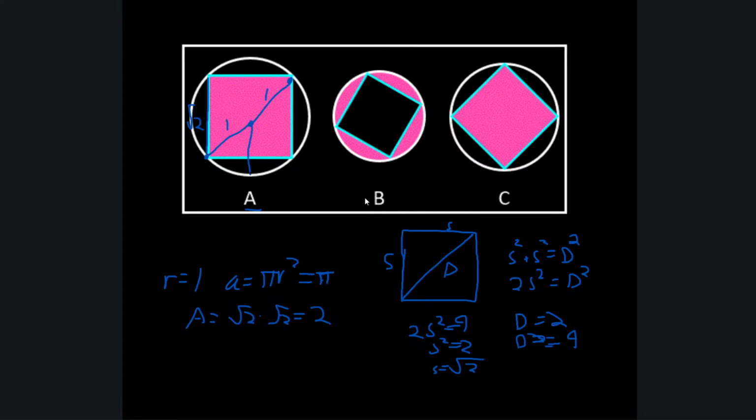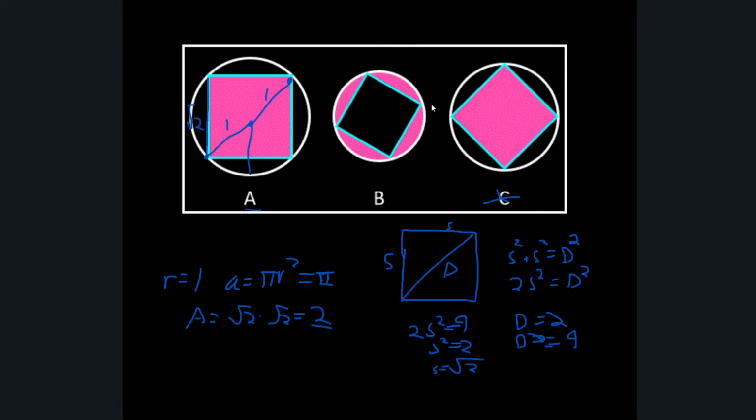Now let's look at B. We're going to skip C because C is just a repeat of A. It's the same thing. Let's look at B. We want to find the area of the circle not in the square. So we know the area of the square is 2, and we know the area of the circle was pi.